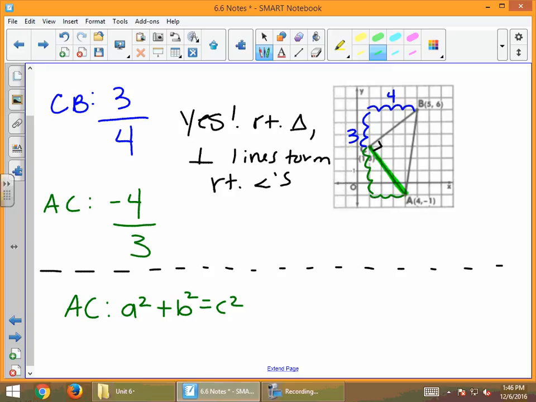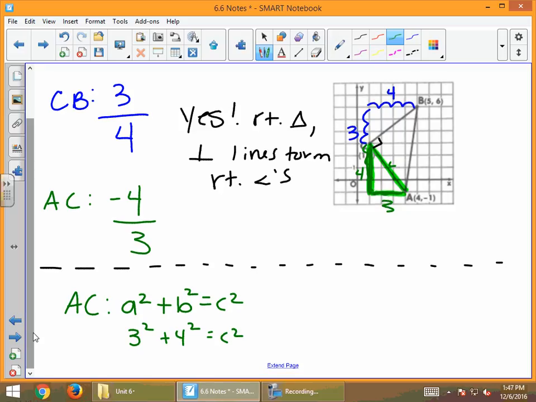We're finding the segment. Make your right triangle. What's this part right here? How long? 3. We already counted it, but you might need to recount. That's 3. What's this part? 4. Plug those in. And again, this is always our C. We have 3 squared plus 4 squared equals C squared.